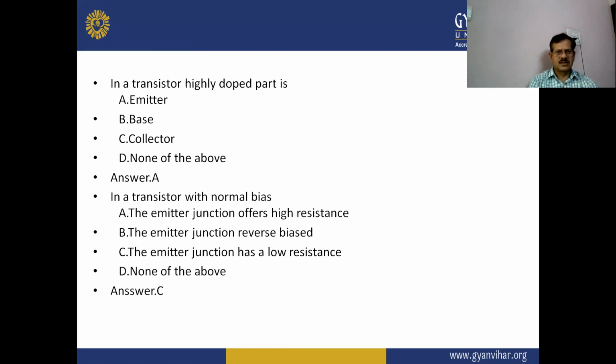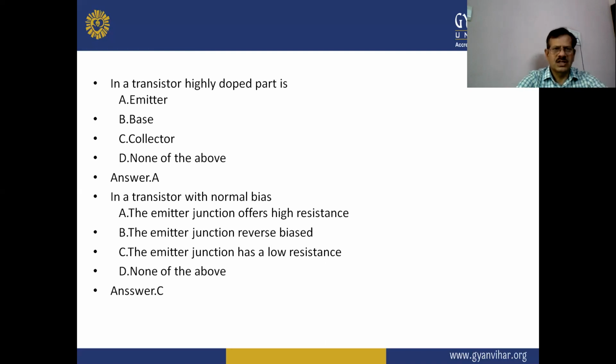Next one is, in a transistor with normal bias. Option A, the emitter junction offers high resistance. Option B, the emitter junction is reverse biased. Option C, the emitter junction has a low resistance. Option D, none of the above.